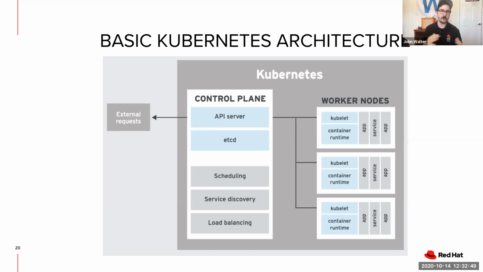Think of it like the arm: the control plane sends a command, and the kubelet executes the command. And then you have the container runtime engine. This is a container runtime that complies with the standards managed by the Open Container Initiative, and it runs the container applications themselves. It's the conduit between the container and the underlying Linux.